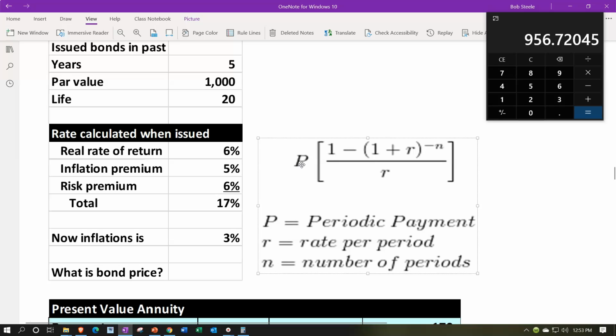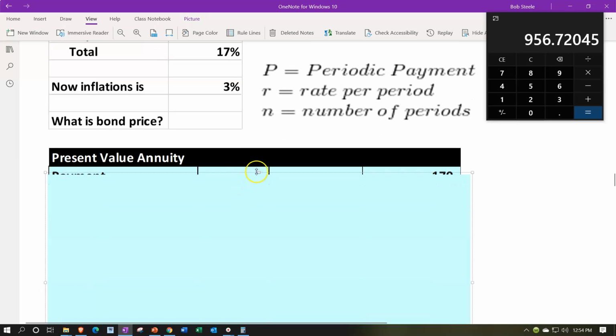Let's do it. We're going to do the present value of the annuity first, and then the present value of 1. Annuity PV is going to be the 1,000 times the 17% still, because that's the rate on the bond, times 1 minus 1 plus r, which is now 15% because of this change. That's the market rate, to the negative n, which is now 20 minus 5, because 5 years have passed, or 15, negative 15, divided by r, which is now once again the market rate 15, as opposed to the 17.